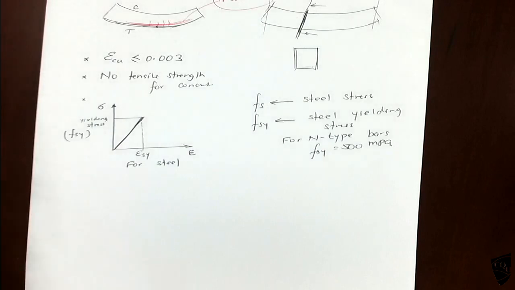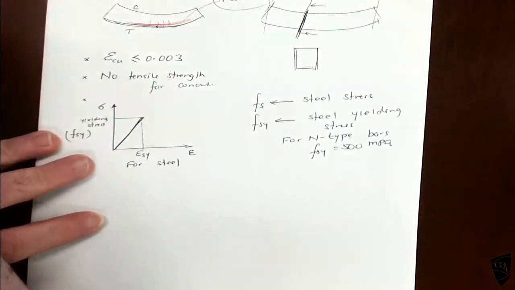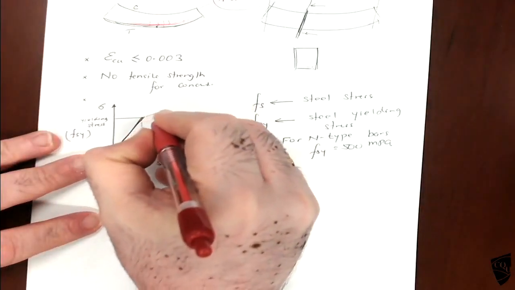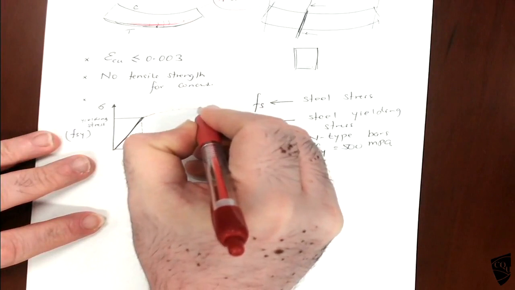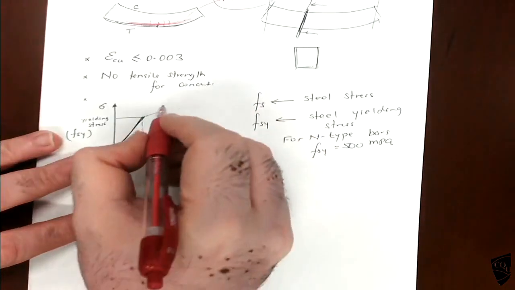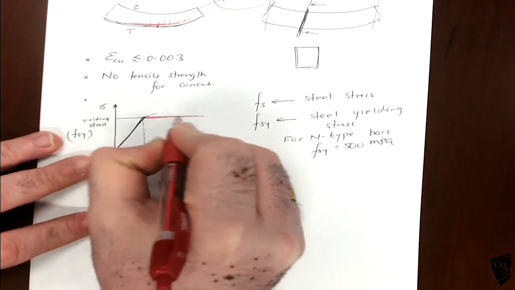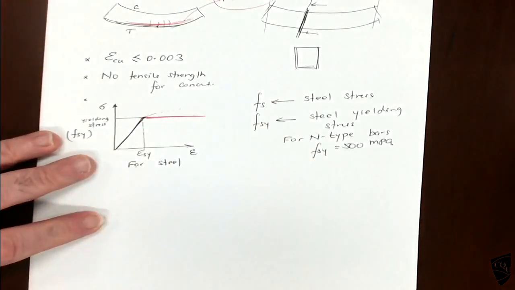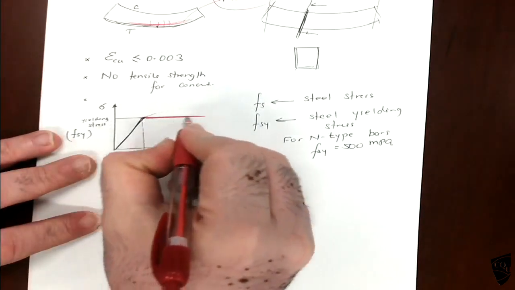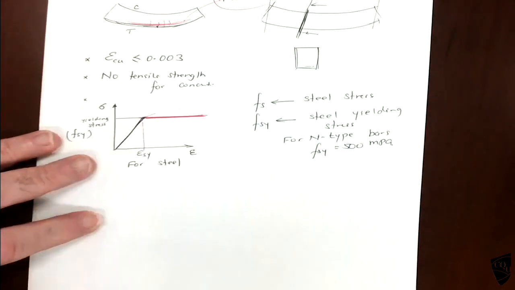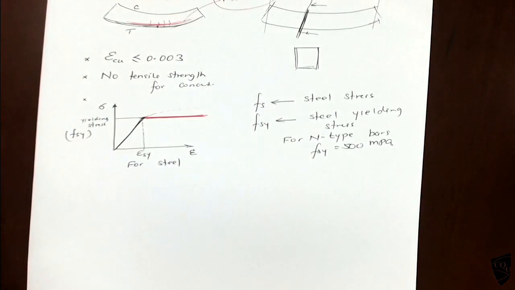Okay. So after that, in the real case it goes like this. But the standard assumes something like this, a perfect plastic. So there is no increase in the stress of the steel after the yielding point.